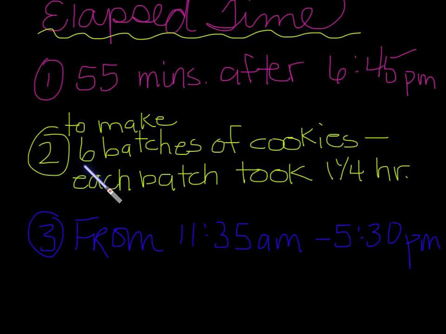Number 2, how much time would have elapsed to make 6 batches of cookies if each batch took an hour and a quarter? There you would probably start at 0, right? You're trying to figure out how much time passed for this whole thing. Yes, you're going to make a timeline. I would start my time at 0. Number 3, the elapsed time from 11:35 a.m. to 5:30 p.m. Do that.